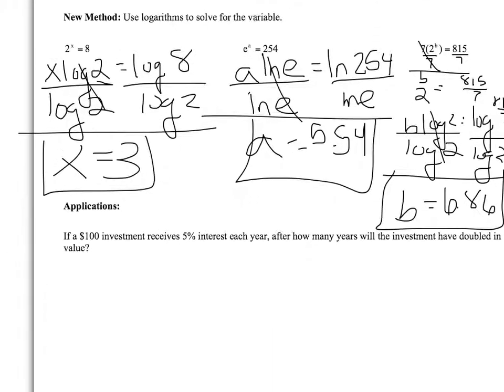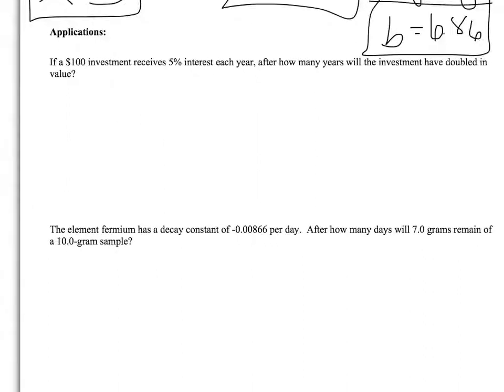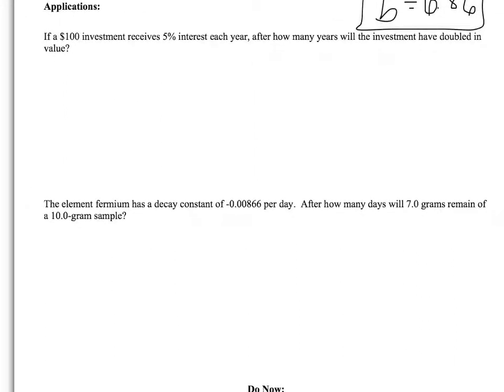A couple of application problems, and now on the Regents exam, they will have to give you the formulas I'm about to give you. If $100 invested receives 5% interest each year, how many years will it take the investment to have doubled in value? The formula they have to give you is y equals p times (1 plus r over n) to the nt.